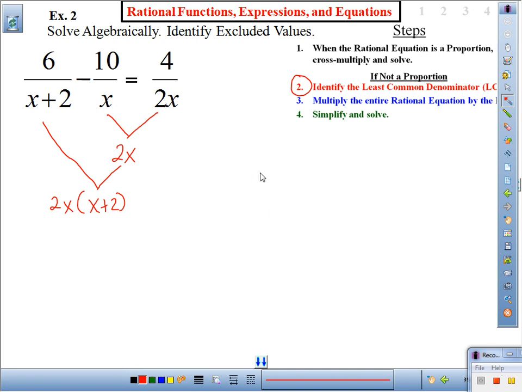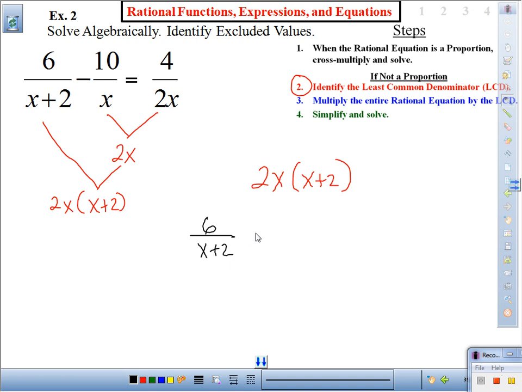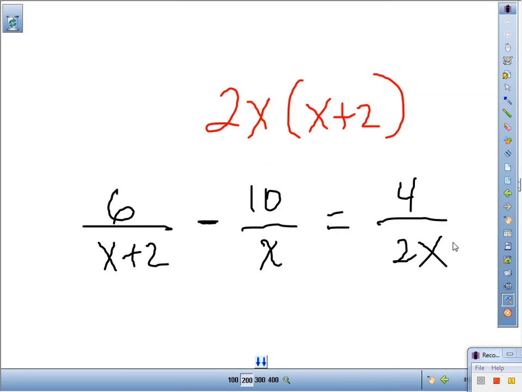I'm going to write 2x, x plus 2, and I'm going to write my equation right here so you can see the process: 6 over x plus 2 minus 10 over x equals 4 over 2x. All right. So, step 2 says multiply the entire rational equation by the LCD. So pay attention to this part. I'm going to do that in blue.